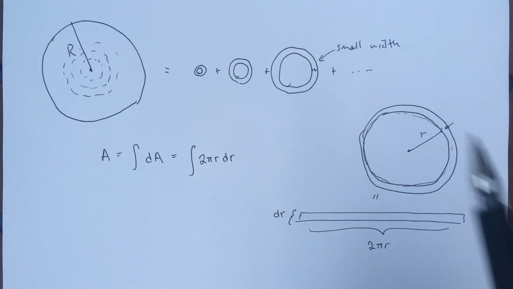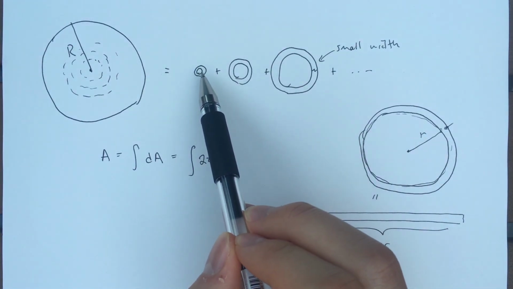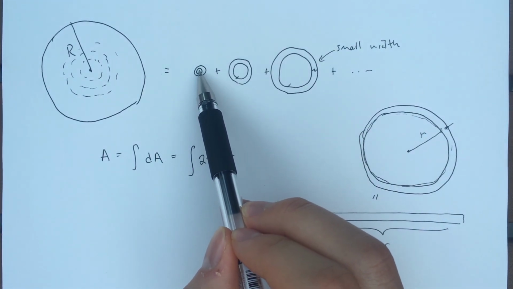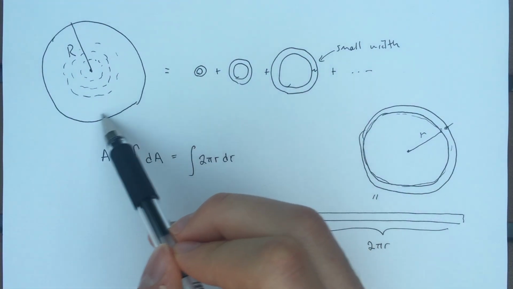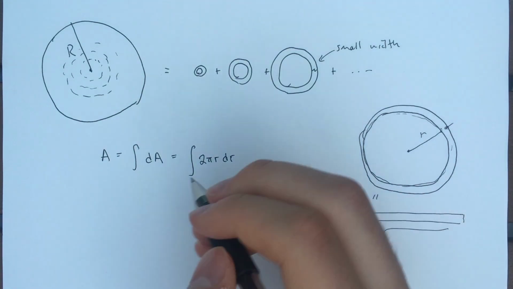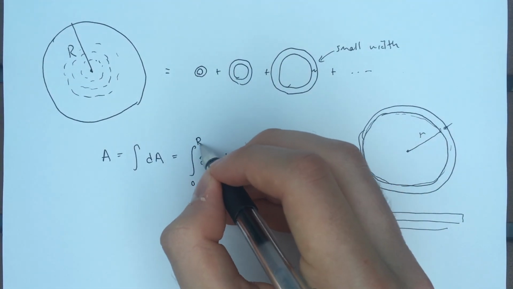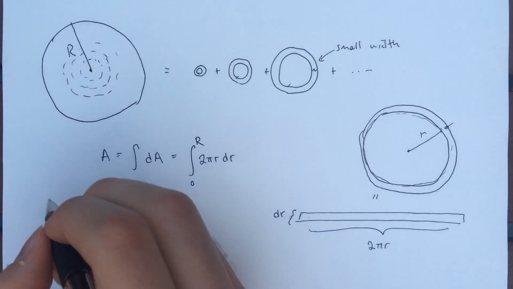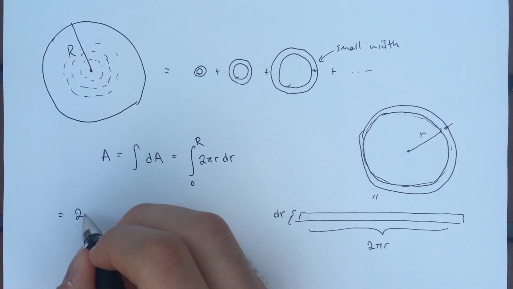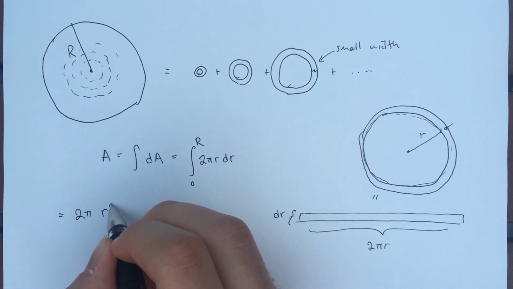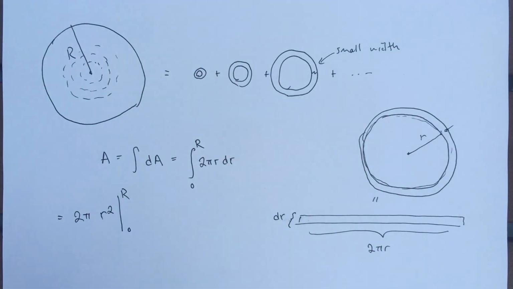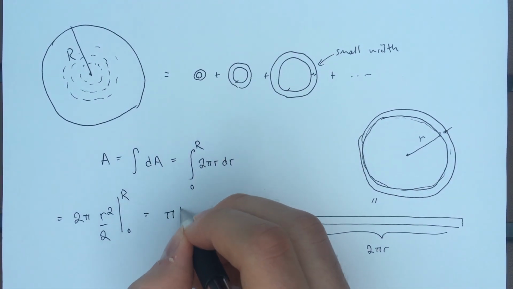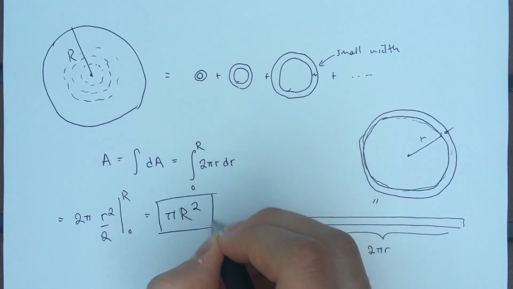Well, since we're starting at a very small ring, r will start at 0, and then we'll go all the way up until we reach the end of the circle, which is a radius R. So we'll be integrating from 0 to big R. And if we just do this real quick, we have 2 pi times r squared over 2, evaluated from 0 to R, and that's just going to be pi r squared.